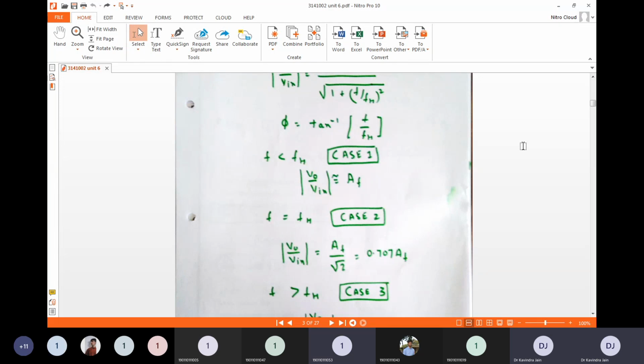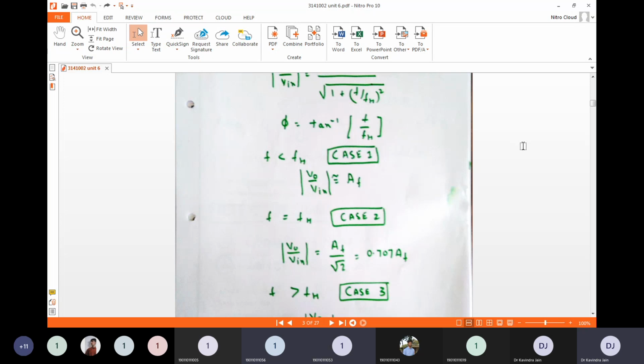Beta, can you just explain what I have just explained right now? In the low pass filter, there is a constant value at frequency 0 hertz up to fH.